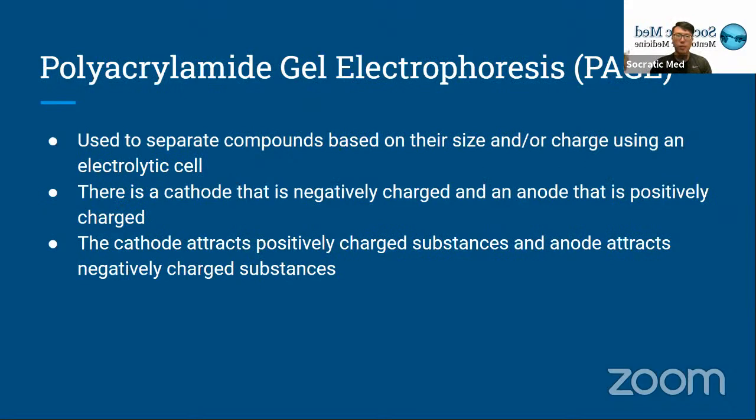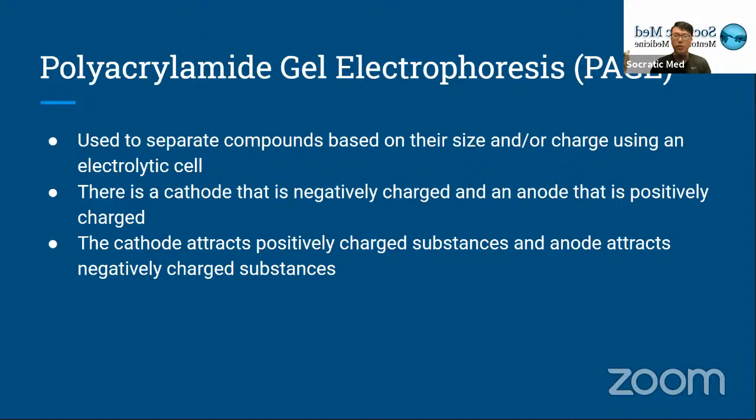Gel electrophoresis usually, most likely, will use polyacrylamide gel. Polyacrylamide gel electrophoresis, most commonly known as PAGE, is the basic method for gel electrophoresis. Like I said before, you separate the compounds based on their size and or charge using an electrolytic cell.